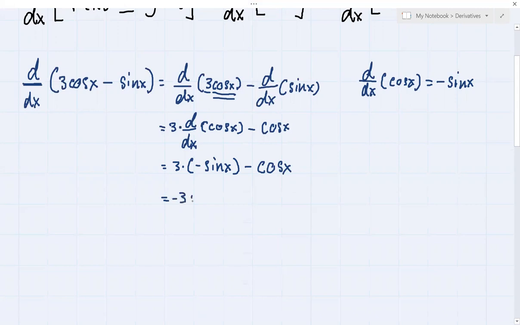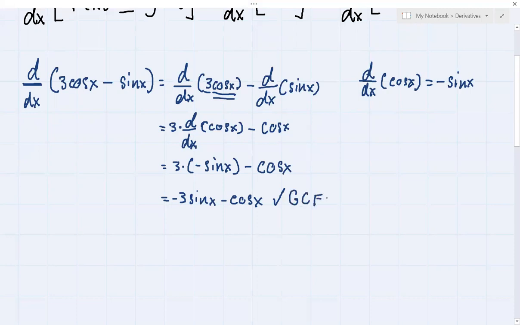Now let's simplify. 3 times negative sine x, we have negative 3 sine x minus cosine x. This is your final answer. Or, we can simplify this. The first term, negative 3 sine x, and the second term, negative cosine x, are both divisible by negative 1, and that is their greatest common factor.